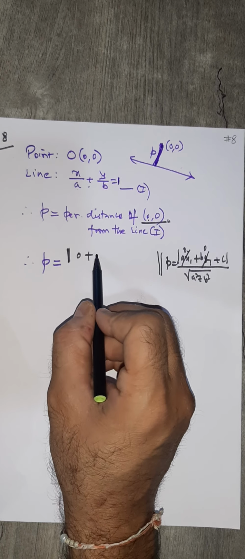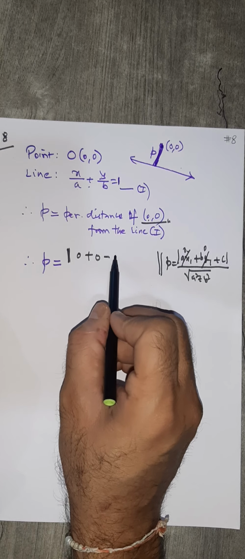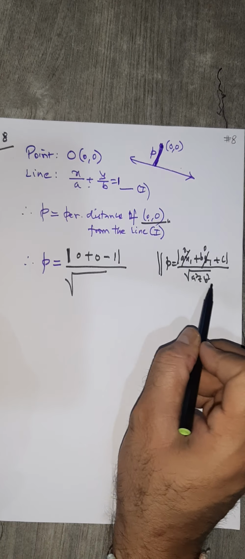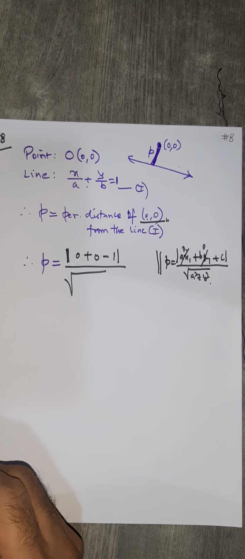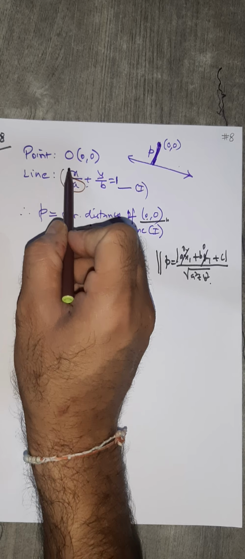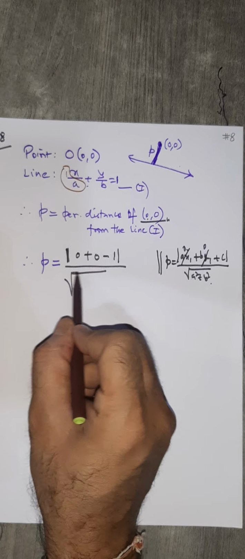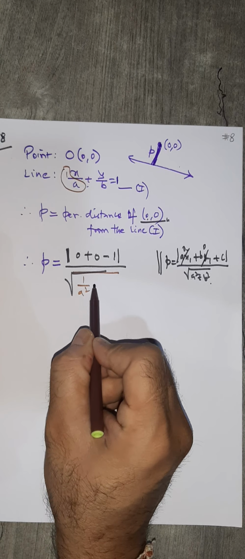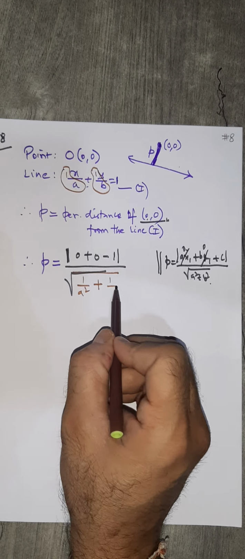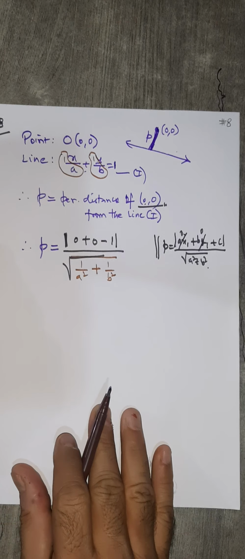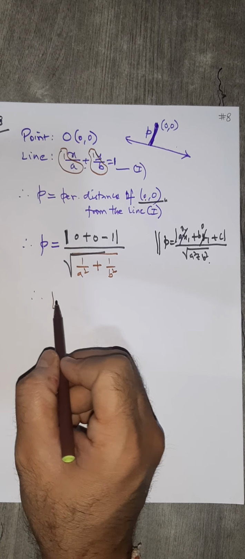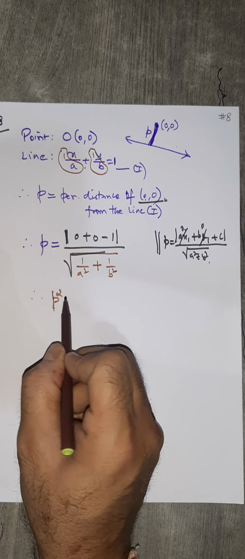So minus 1 upon, here what are a and b? I already emphasized earlier, a and b are the coefficients of x and y. The coefficient of x is 1 upon a in our case, so 1 upon a square, plus the coefficient of y is 1 upon b, so 1 by b square. As per the requirement, we don't want the square root, so we'll just square it.